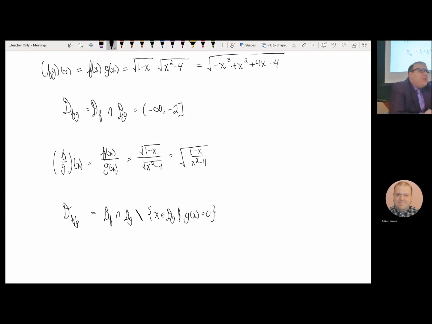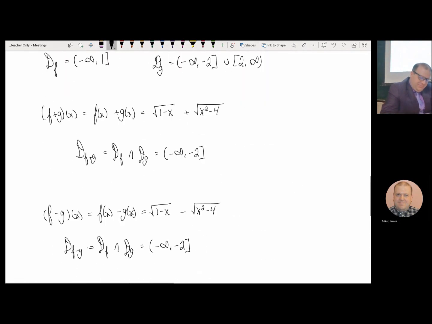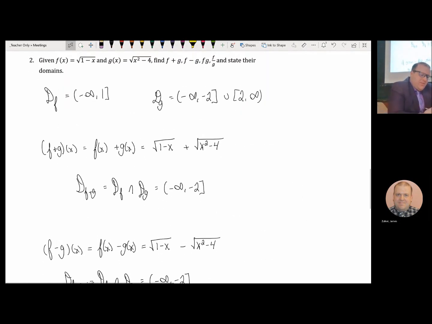Right, that was from the previous 3. So now go back up to G of x. Look in the values in the domain for G. Which of those make G of x equal to 0? Plus or minus 2.